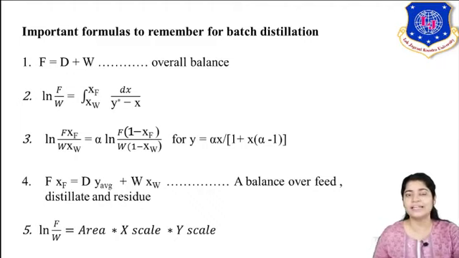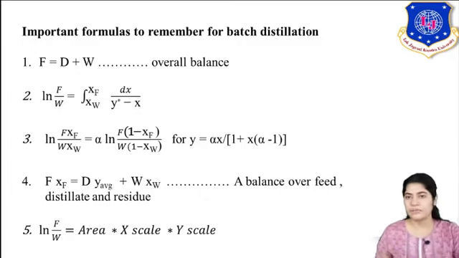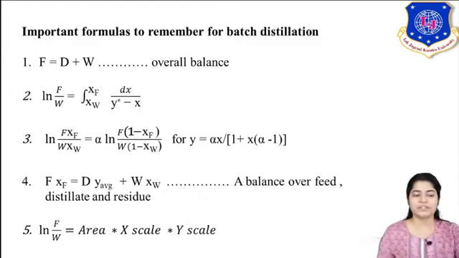For analytical based questions, directly you have to keep your values and solve it. Your fourth is component balance over more volatile component. It is F xf is equal to D y average plus W xW. F xf is the amount of more volatile component in feed. So this must also be clear.